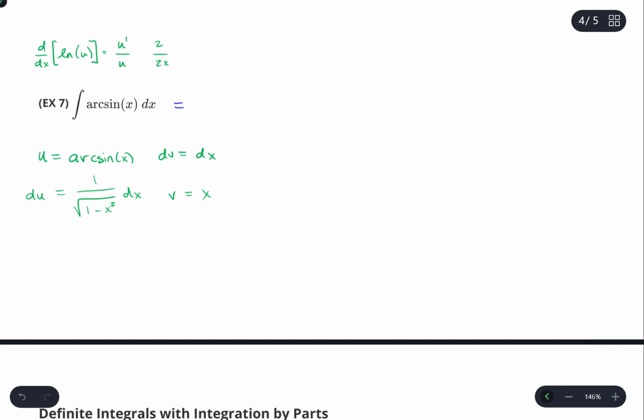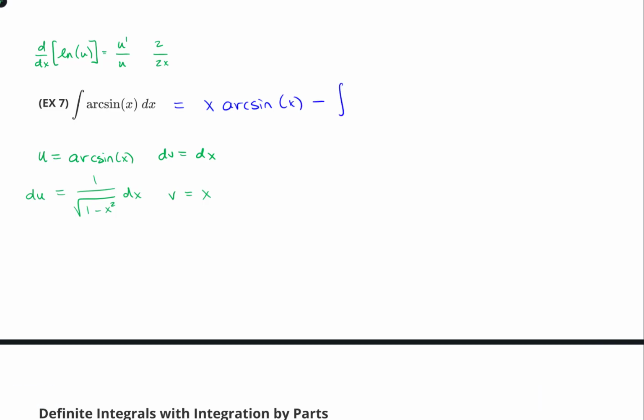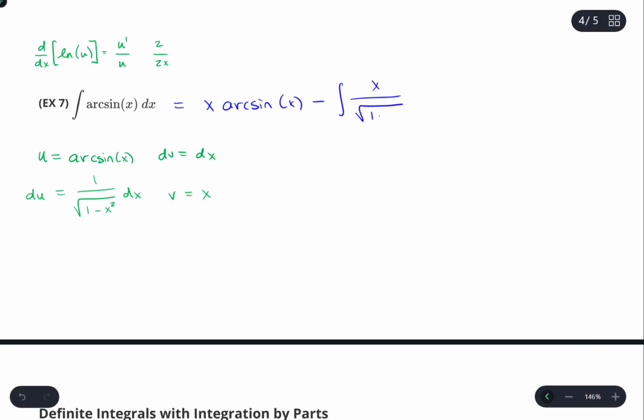Okay, so this will become u times v, so x arcsine of x minus the integral of v du. So x over this square root of 1 minus x squared dx. Now, in the last example with logarithms, this integral became much easier, but in this case it's looking rather complex.